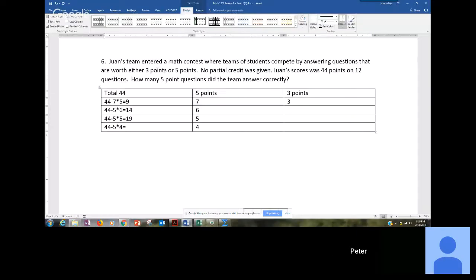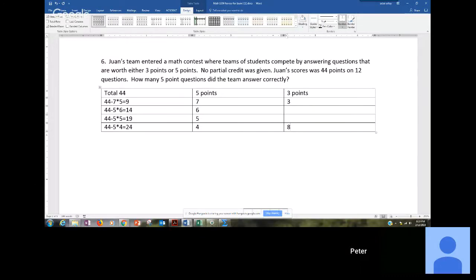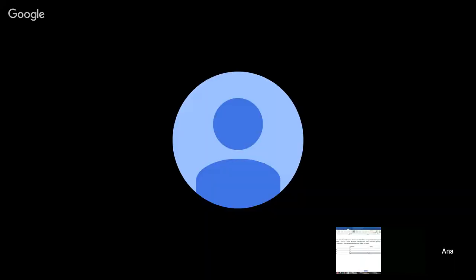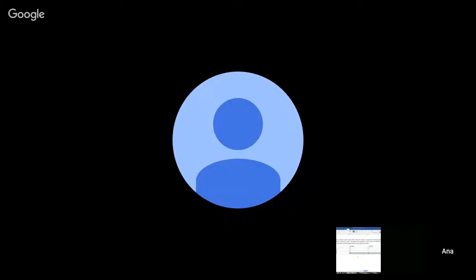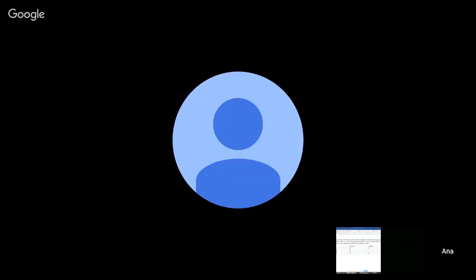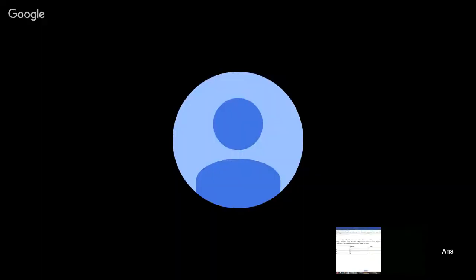All right, so that gives me 24. And so there is a combination of 3. There's 8 of those. And at this point, does this add up to 12? Yes. Okay. So how many 5-point questions are there? There are 4 of them.